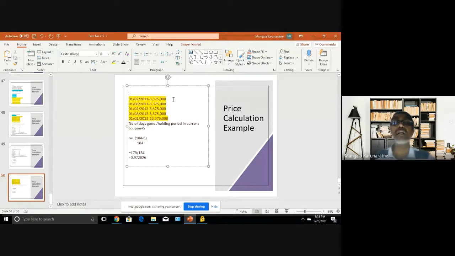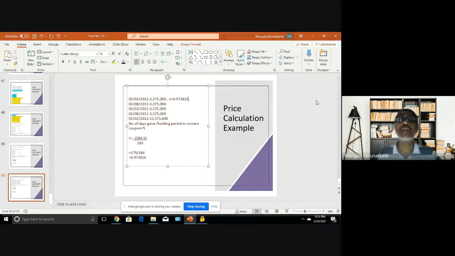Here the first cash flow has N equals 0.972826.